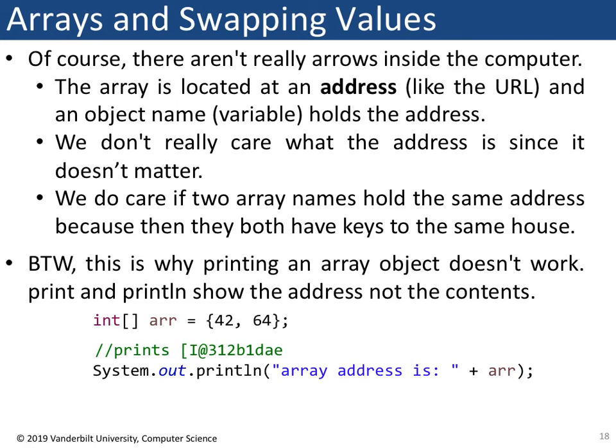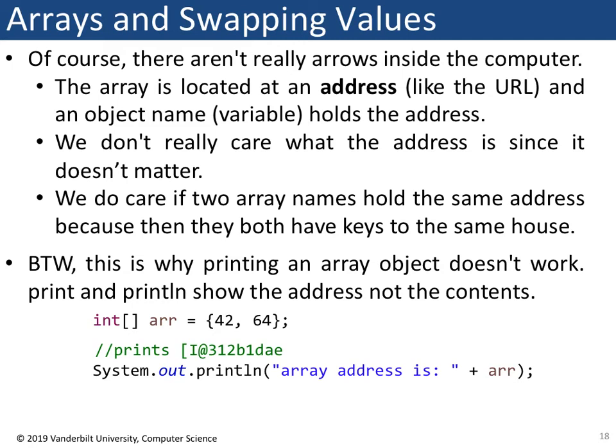What we do care about is whether or not two variables, or a variable and a parameter, contain the same address. Because if they contain the same address, then they're looking at the same object, like having keys to the same house. We mentioned this before, but that's the reason that printing an array object doesn't work.